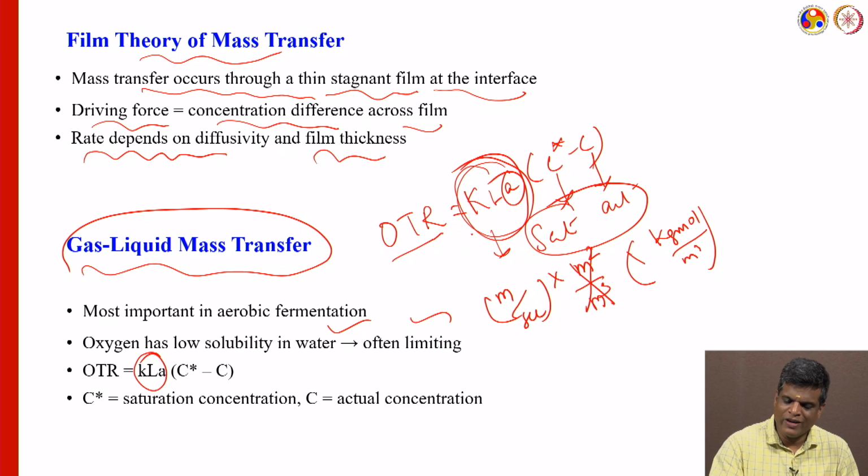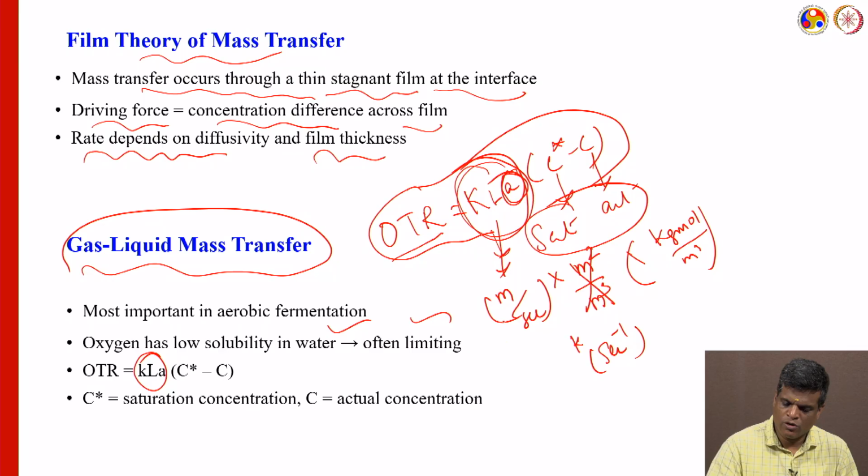We get OTR, the oxygen transfer rate, and finally we get it in terms of kg mole. I will repeat: this is meter per second, and this is meter square per meter cube. If we cancel these two, then the unit of KLa is second inverse, or minute inverse, like that.